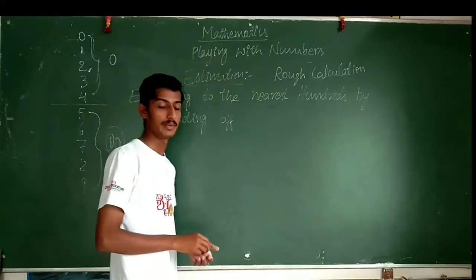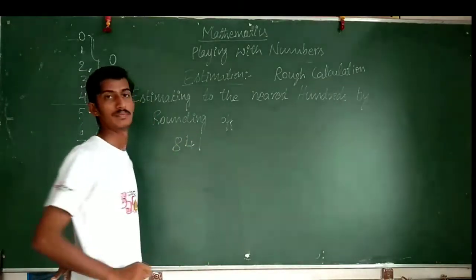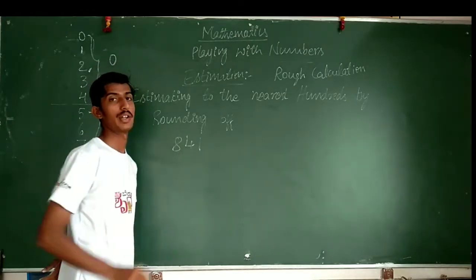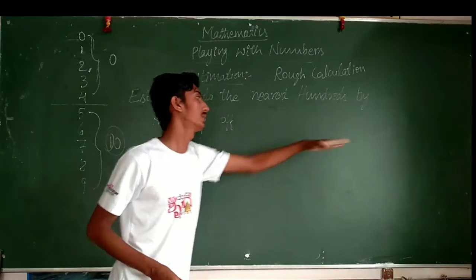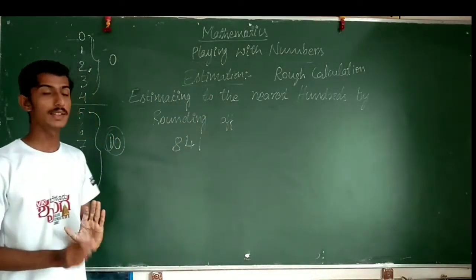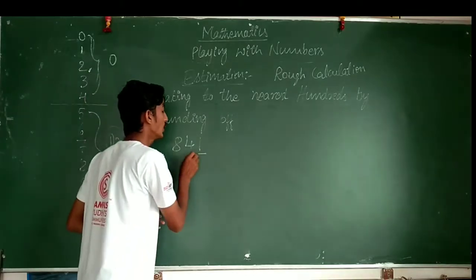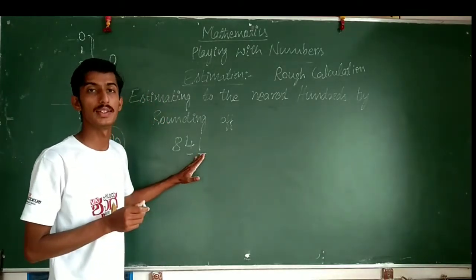For example, 841. We have to round 841 to the nearest hundreds. That means we have to zero the value of the unit place and the tens place. How?